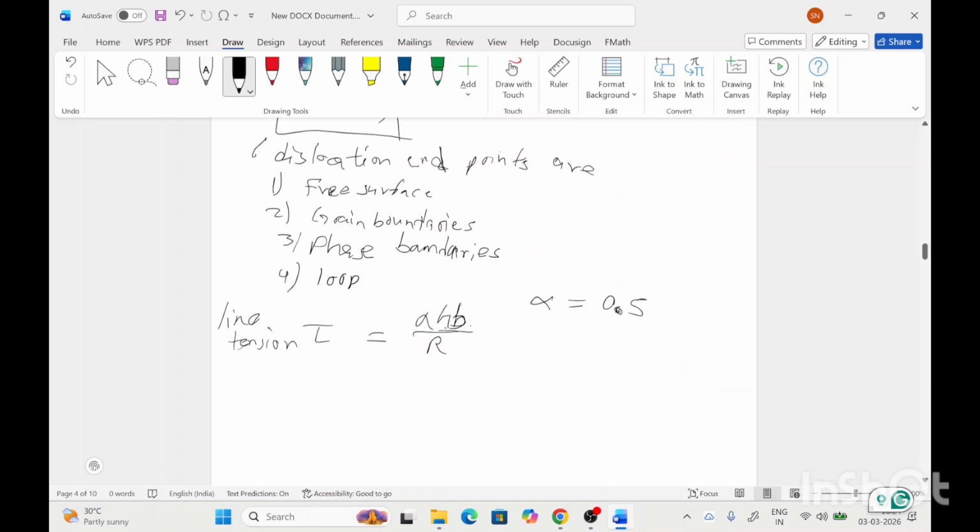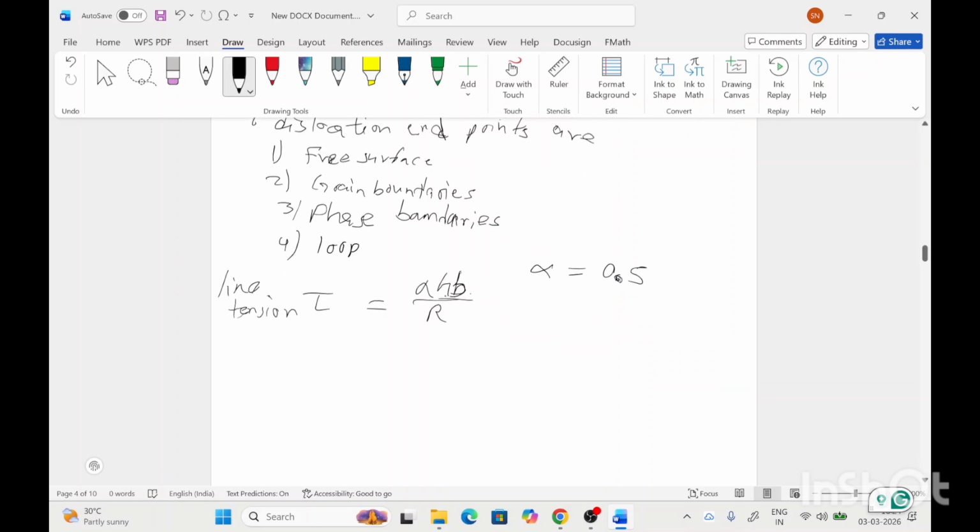Next, a dislocation having some Burgers vector tries to minimize its energy by dissociating into partials. So if one dislocation has a Burgers vector B1, it can dissociate into two partials having Burgers vectors B2 and B3.